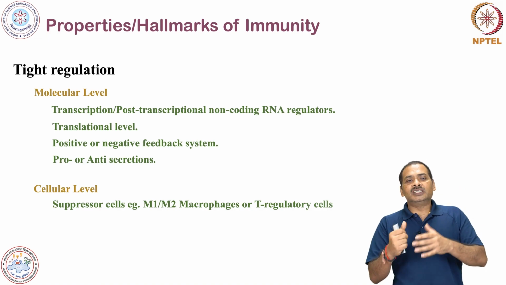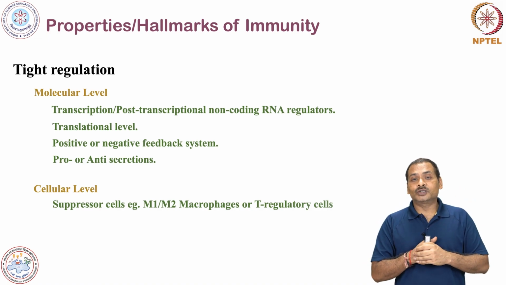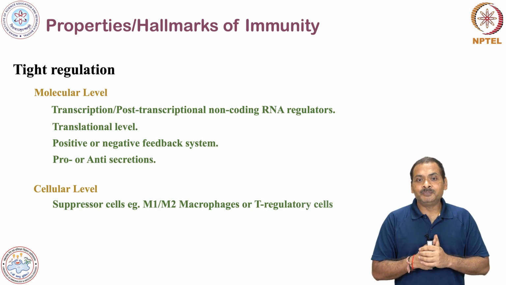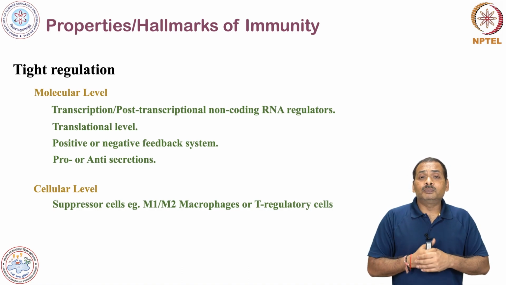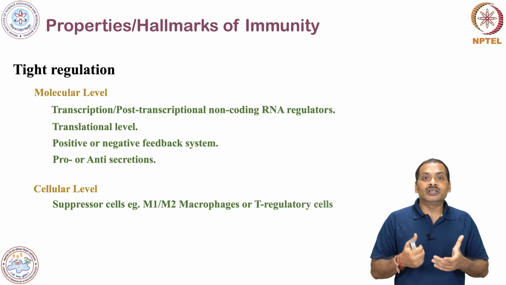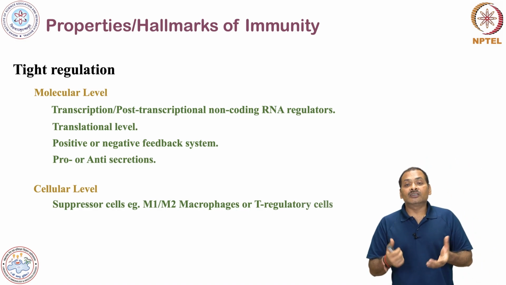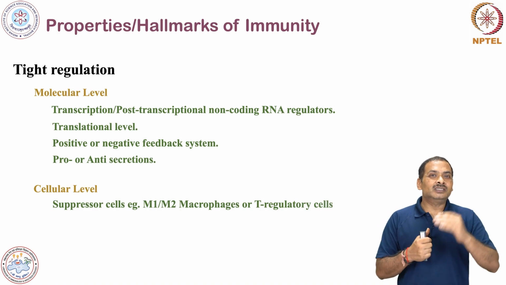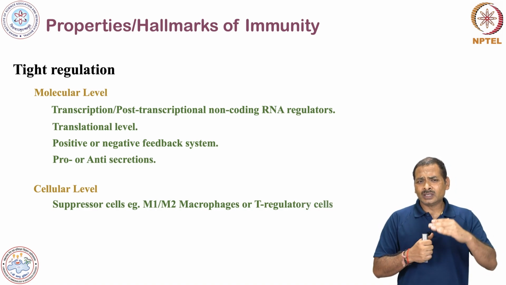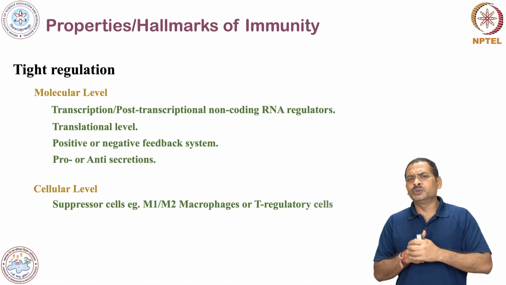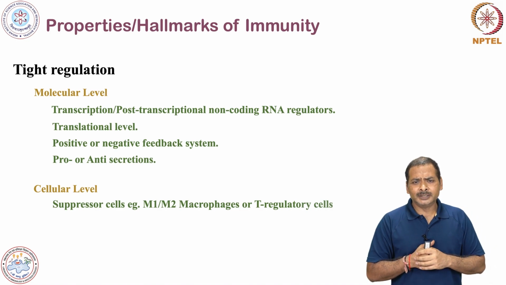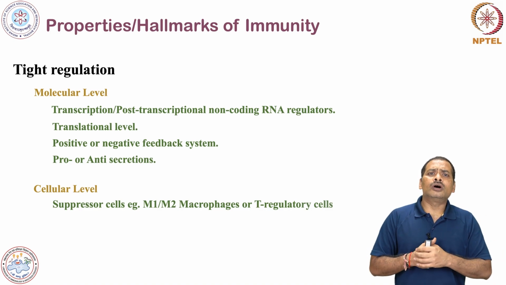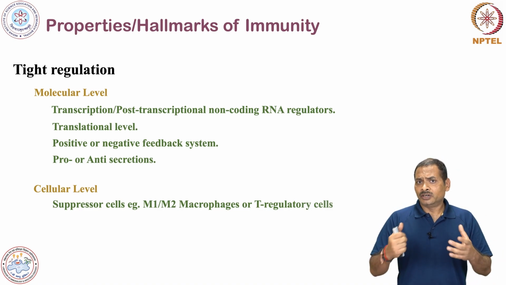For example, M1 and M2 macrophages are antagonistic to each other. Another example is Treg cells, or T regulatory cells, which are very important in damping the immune responses. So these are all hallmarks of our immune system.